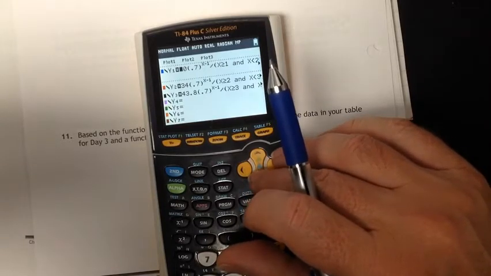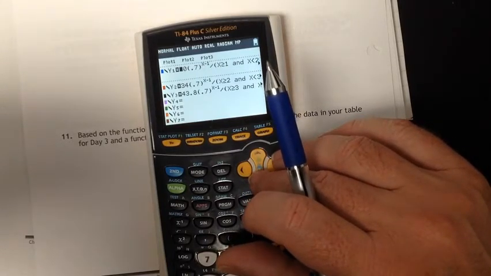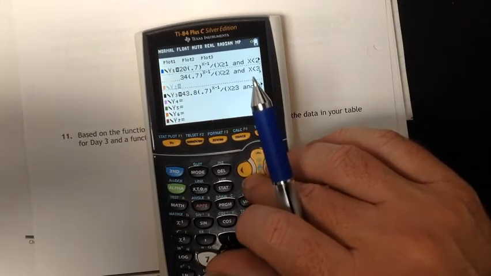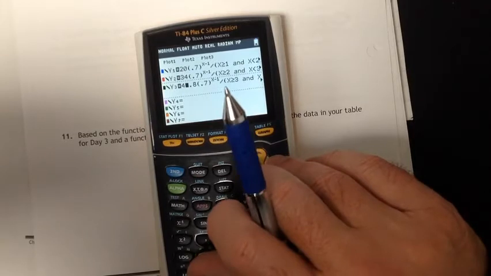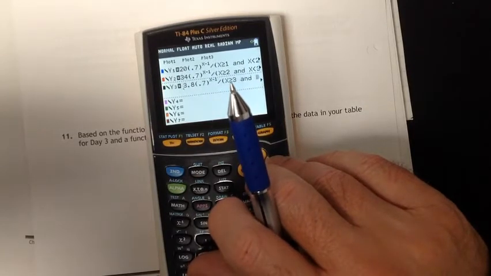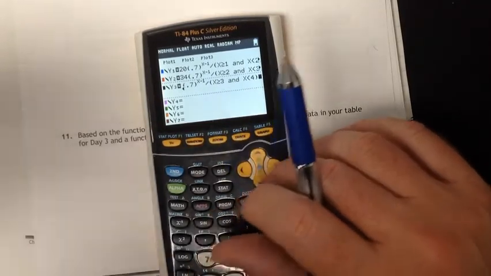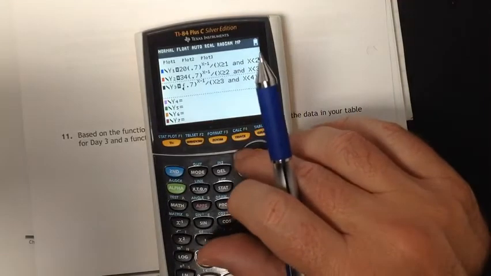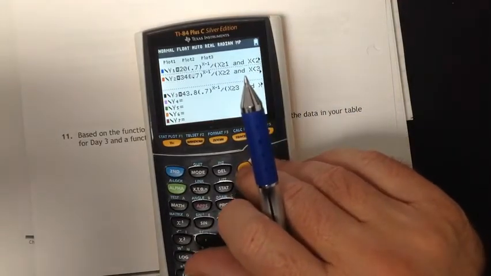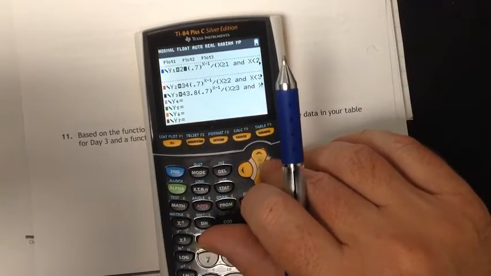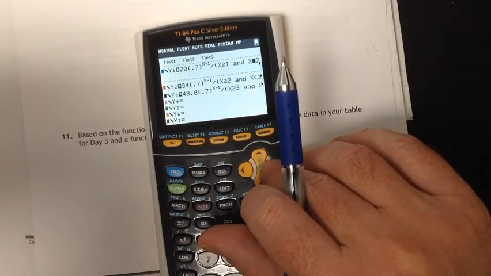Times 0.7, 2 to 3, 1 to 2, 2 to 3, 3 to 4. Oh, I left off the x here. Dadgum. Well, no, I didn't. Greater than or equal to 3, and x is less than 4. Greater than or equal to 2, x is less than 3. Greater or equal 1, x is less than 2.